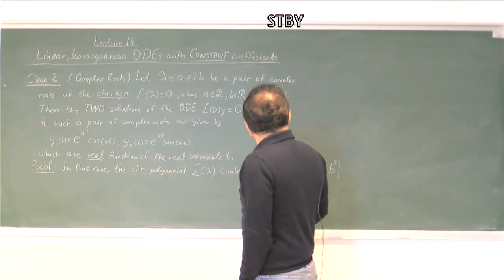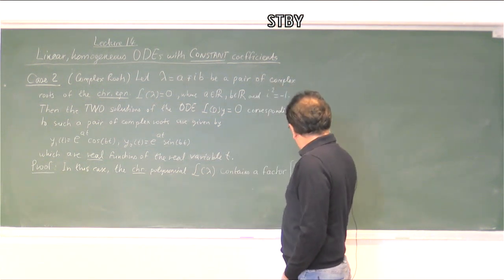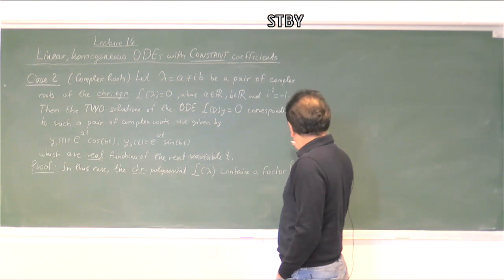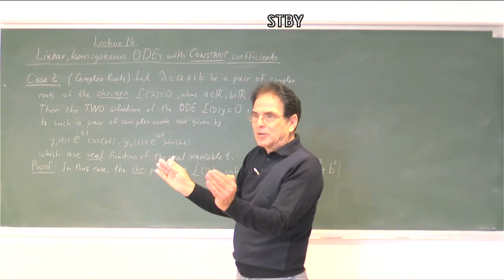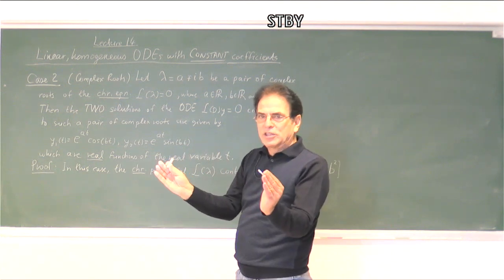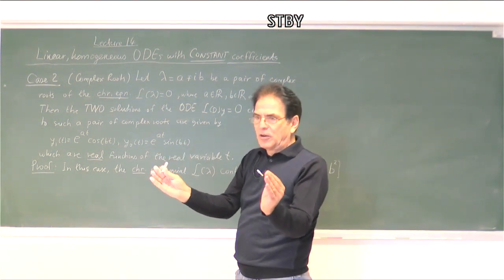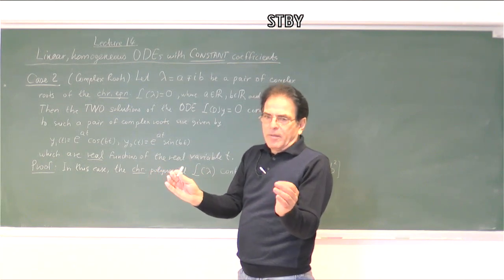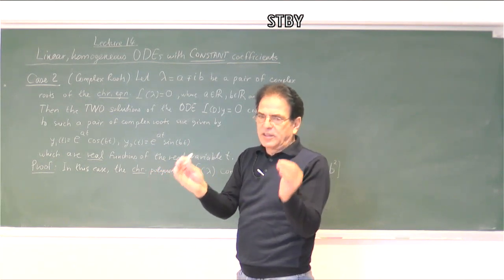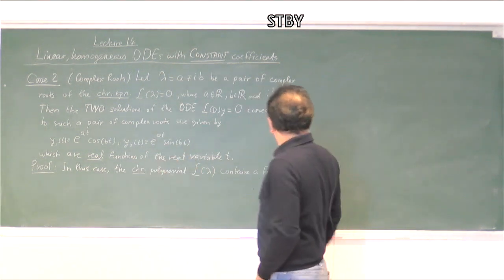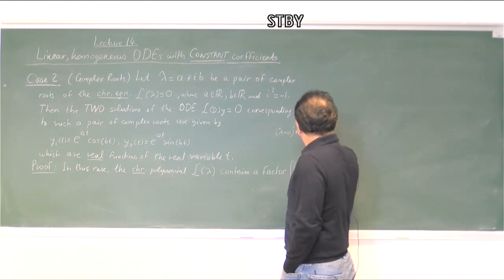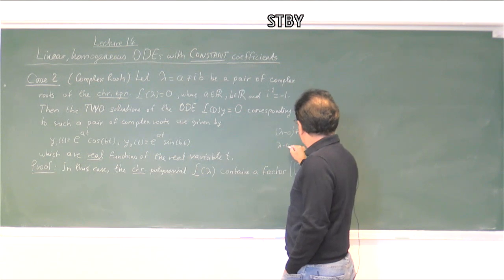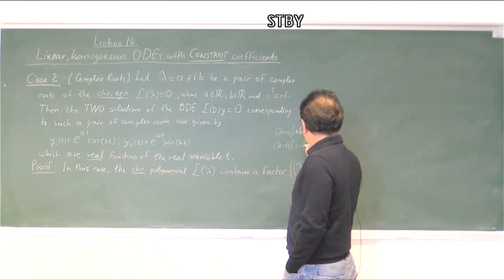So if this factor is equated to 0, as you remember, if a quantity which is the product of several factors has one factor equal to 0, then the quantity becomes 0. So equate this factor to 0, we find that lambda minus a squared is minus b squared.